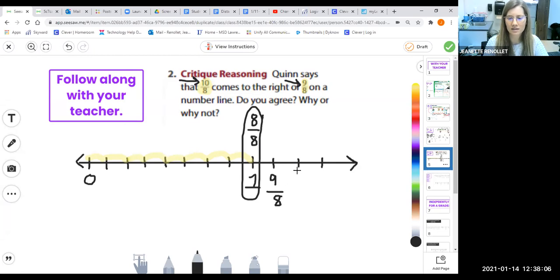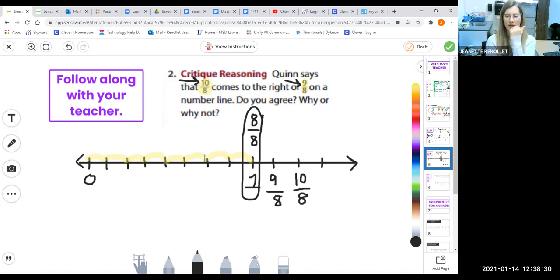Add another 1/8. This would be 10/8. Okay, I have 1 whole. If I add 1 more 1/8, it's 9/8. If I add another 1/8, it's 10/8.